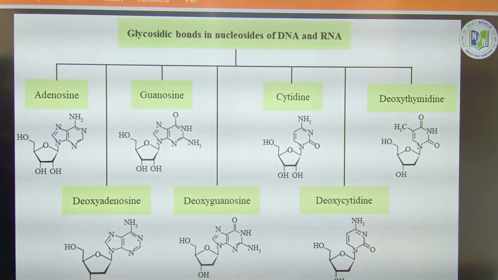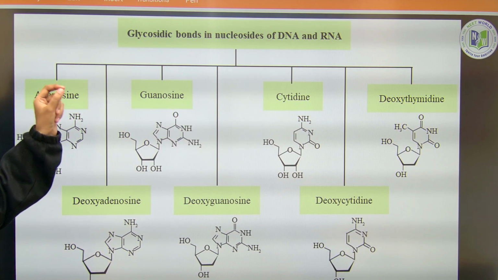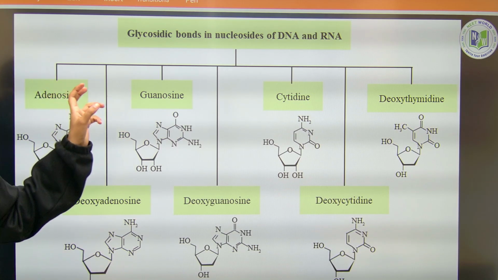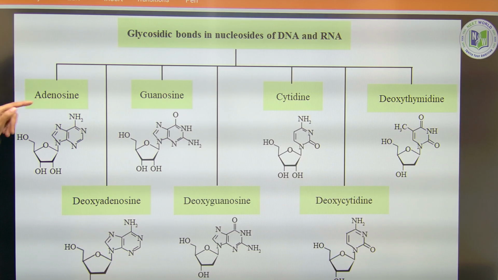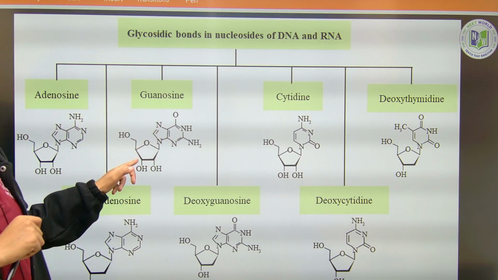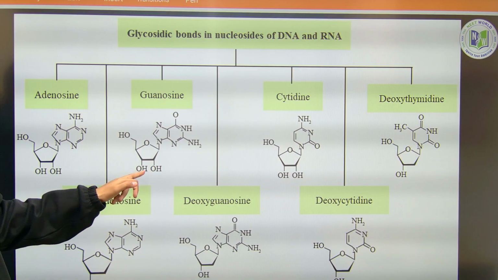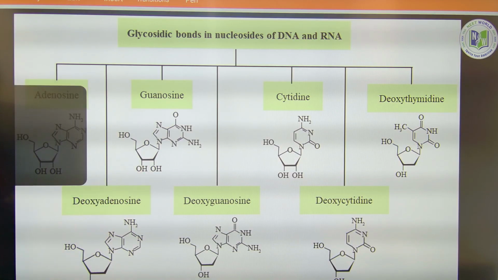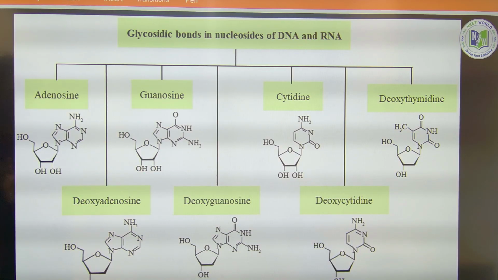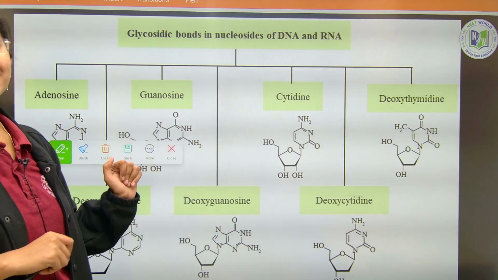These are the different names of nucleosides and nucleotides both in DNA and RNA based on the nitrogen base it has. Adenine plus sugar forms what? Adenosine. Guanine plus sugar, guanosine. What is this sugar? Ribose sugar. How can you identify that it is a ribose sugar? By having an OH group at the second carbon.